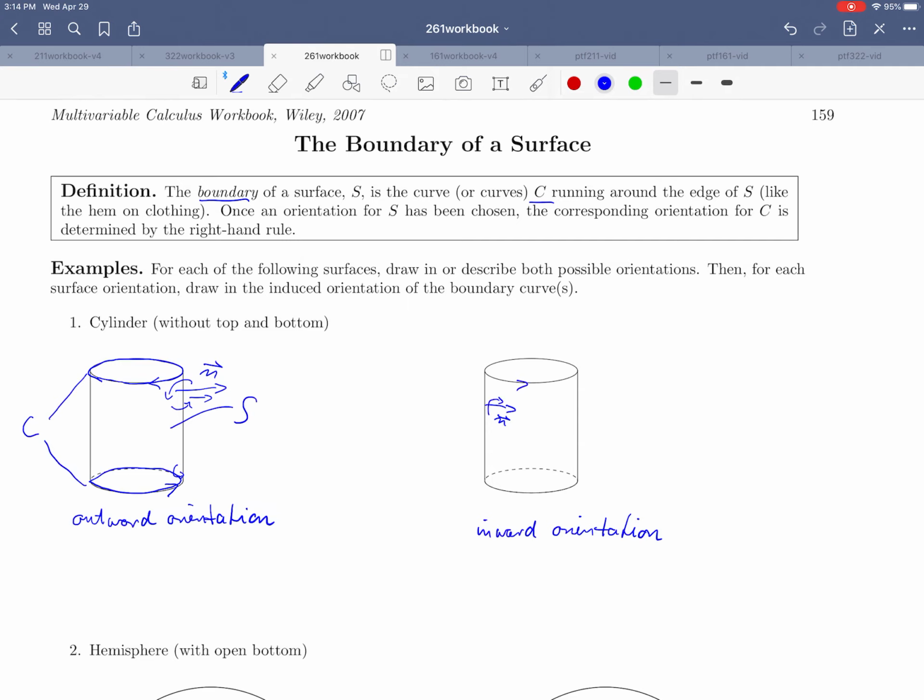And my orientation of the boundary curve, which of course is the same boundary curve as before with these two pieces, would be exactly opposite. So for the top, it points to the right, and on the bottom, it points to the left. You can imagine the curling going around this way. So that was our cylinder example.